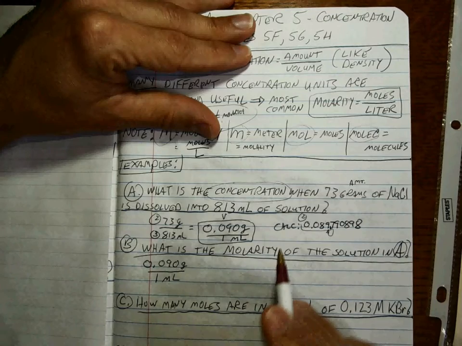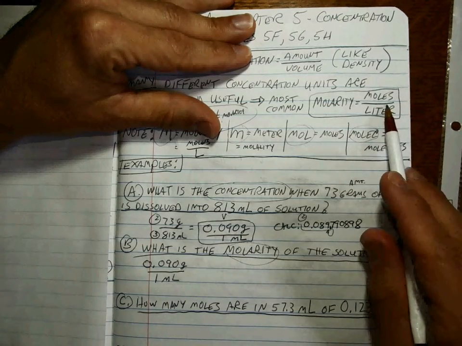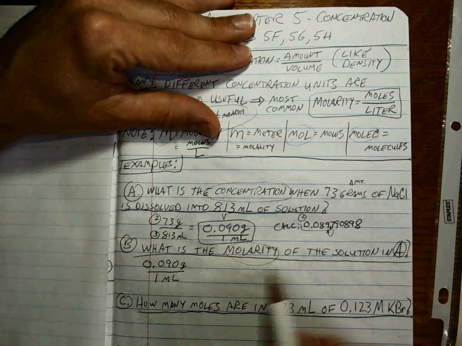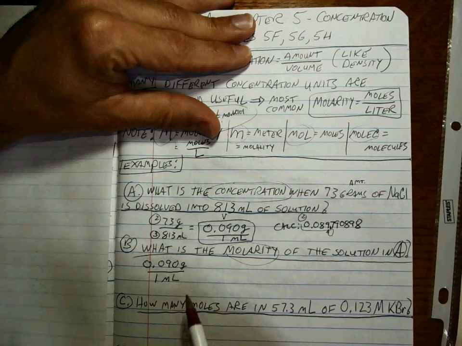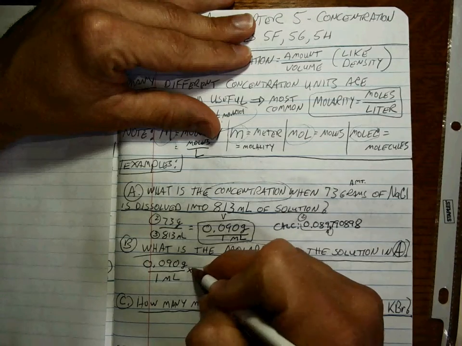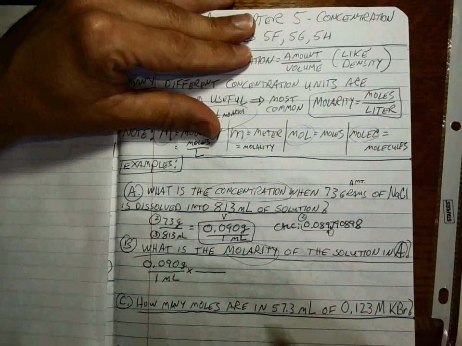Now, if you don't know what the units of molarity are, you're in big trouble, but you know that. It's moles per liter. So the grams has to go to moles, and the milliliters in the denominator has to go to liters in the denominator. That should be a pretty simple business to do. We've already done that stuff from chapter 2 and from early chapter 5.